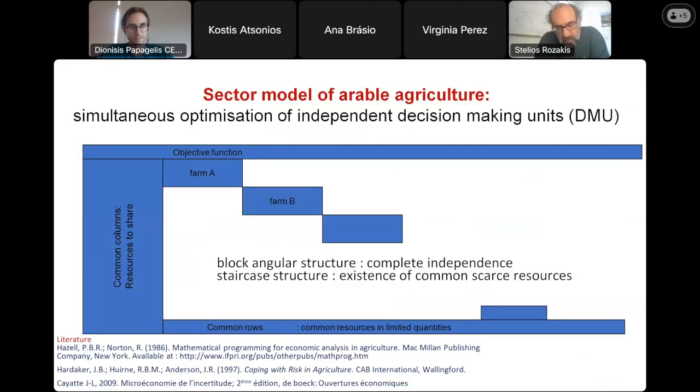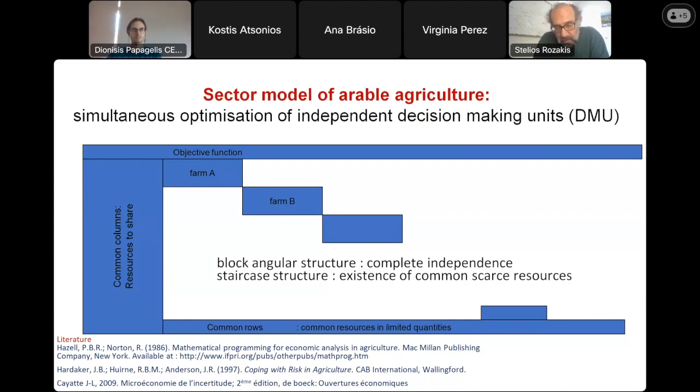Here I present very briefly the agricultural model. It comprises different farms. Each farm is a decision-making unit, and it is more or less independent from the other farms. Sometimes there are some common resource constraints, and then we have policy constraints that affect the behavior of farms.